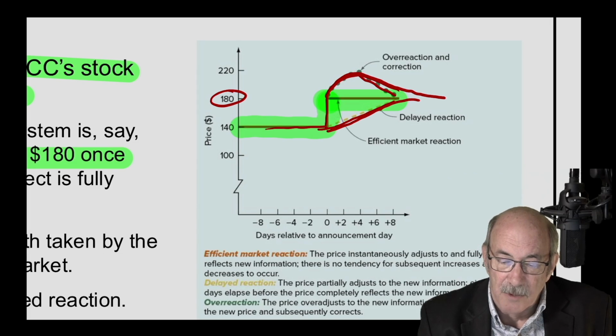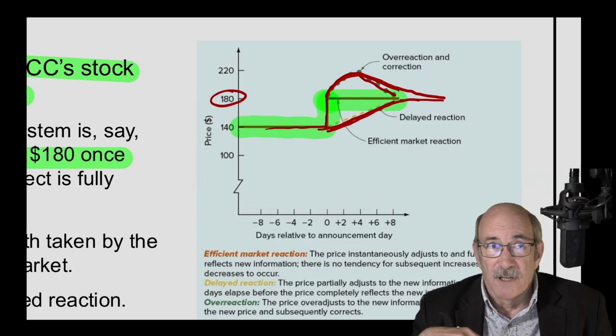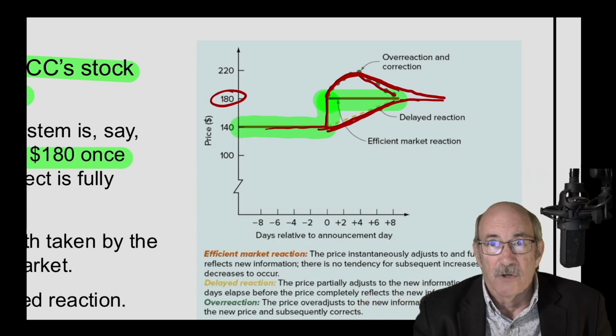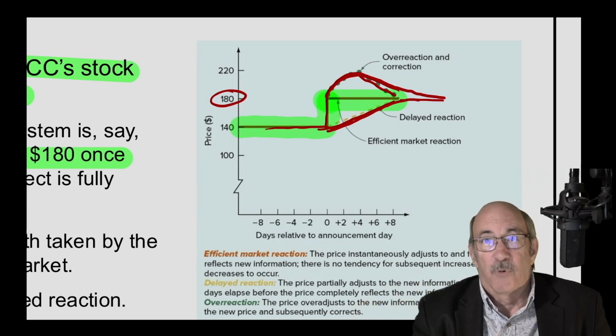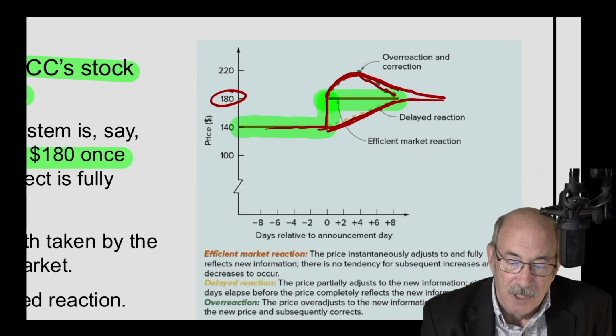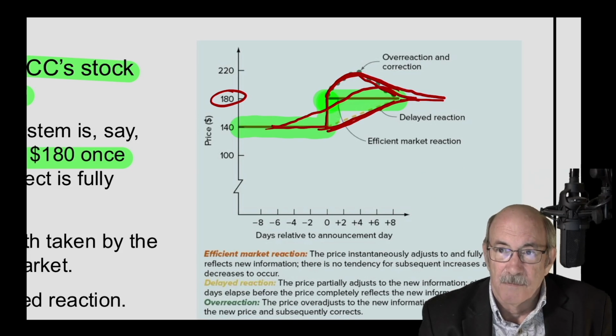It doesn't react immediately, but it starts to go up on the announcement day, and eventually it reaches 180. Another form of market inefficiency is that if some of this information leaks out of the company prior to the official press release of this new technology, we might actually see the price start to creep up ahead of time, and it still could overreact and then come back down.